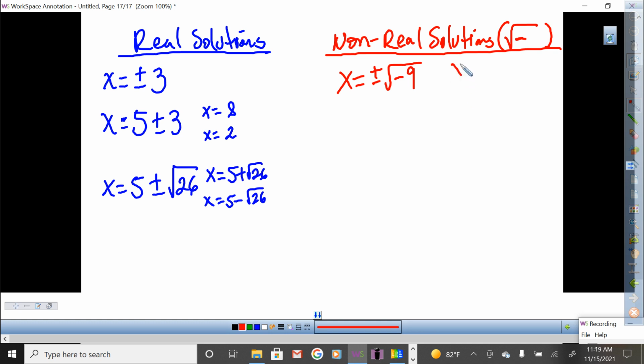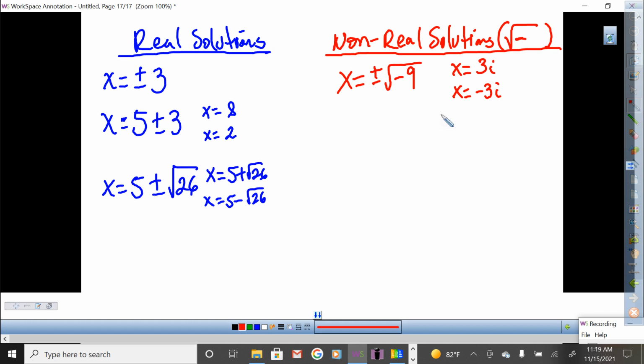Let's see. X equals what, Jessica? What would be one of the solutions for this one? Natalia, help her out. 3i, that is correct. That's one of them. That means the second one is negative 3i. Yes, that is correct.